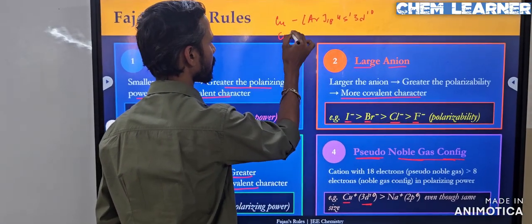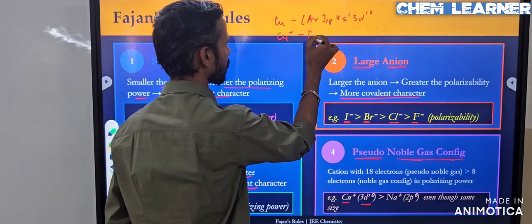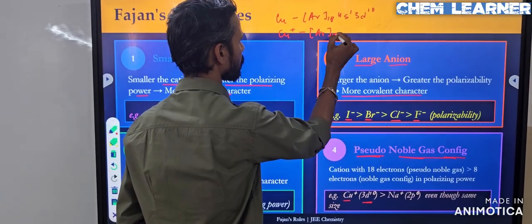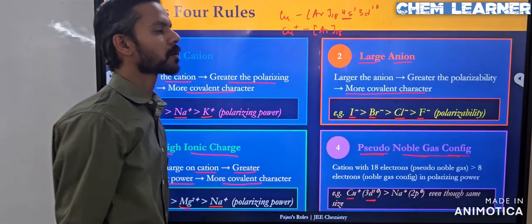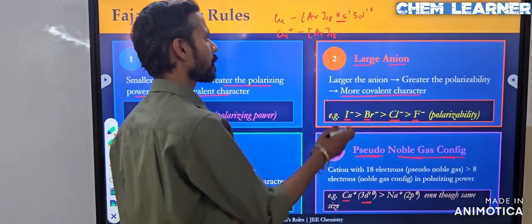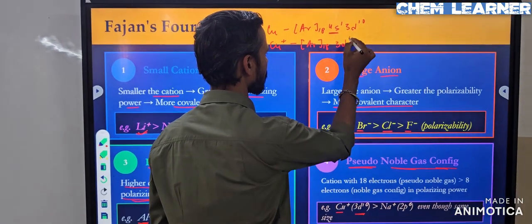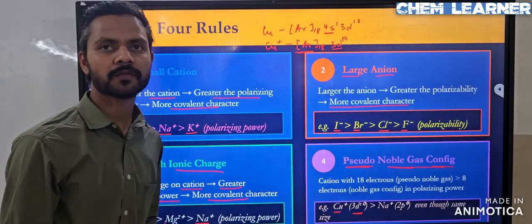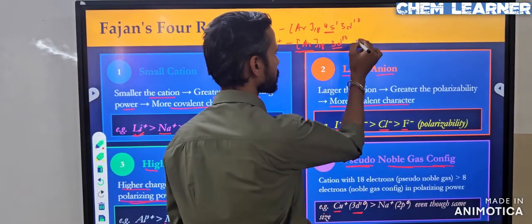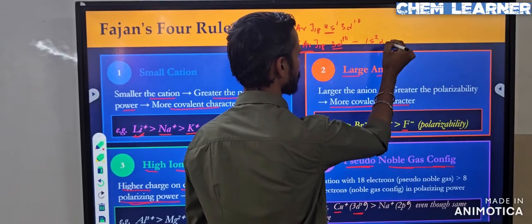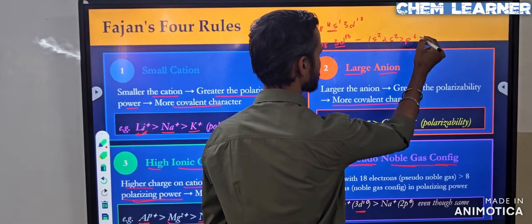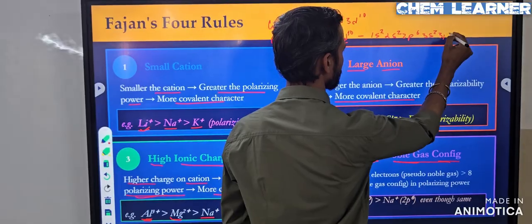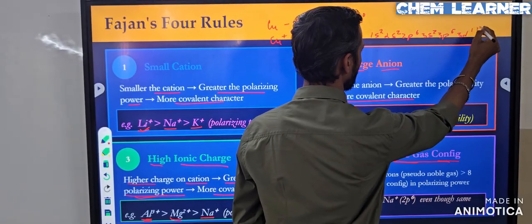If we convert it to copper positive, we remove one electron from the outermost shell, that is the fourth shell. Now the configuration will be 3d10, and if I expand the electronic configuration of argon, it looks like this: 1s2, 2s2, 2p6, 3s2, 3p6, 3d10.